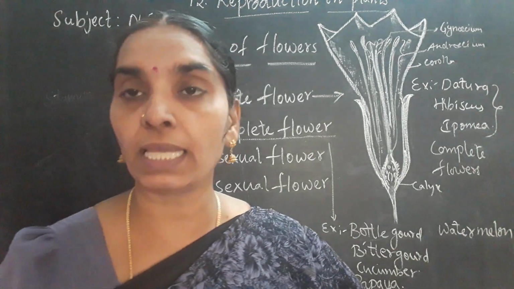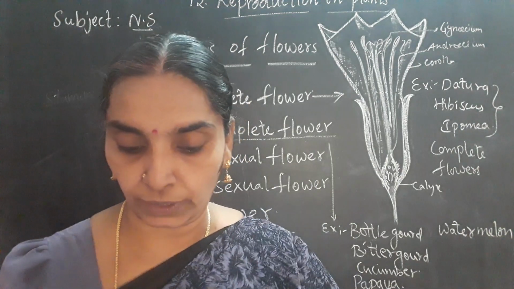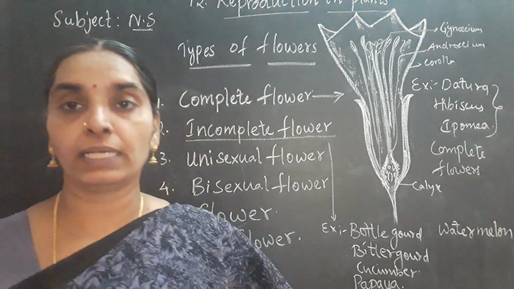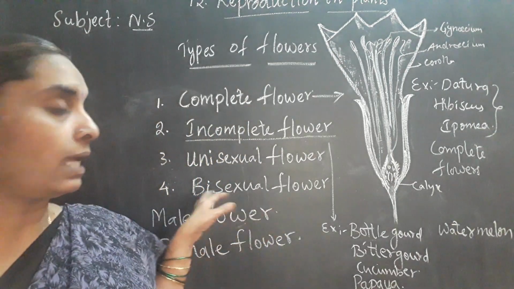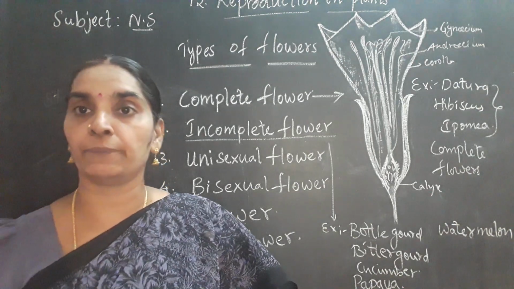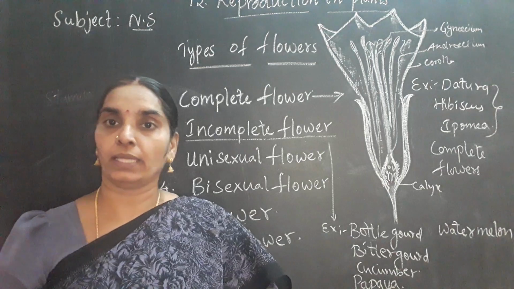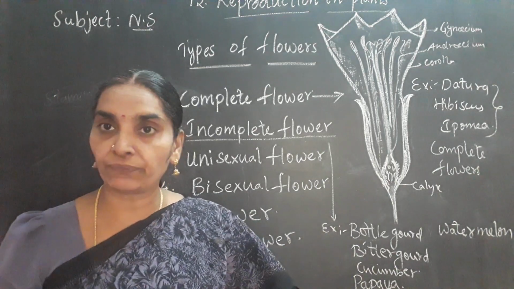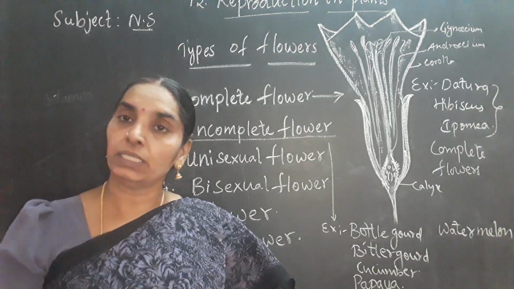We have already completed the classification of the flowers, and in the next class we'll see about the sexual parts of the flower involved in fertilization. Today's class we completed the parts of the flower and classification of the flowers.